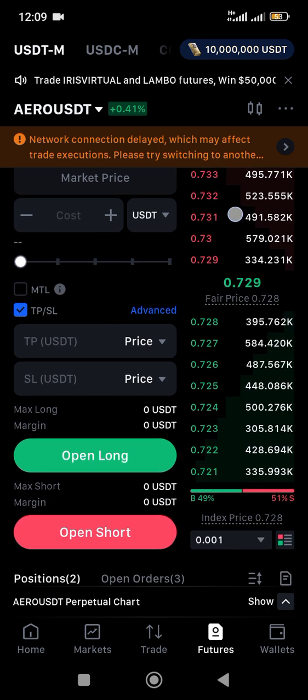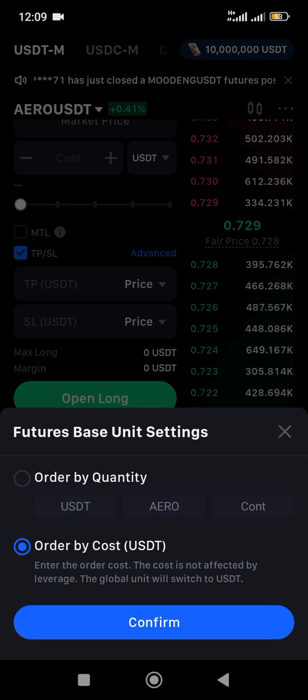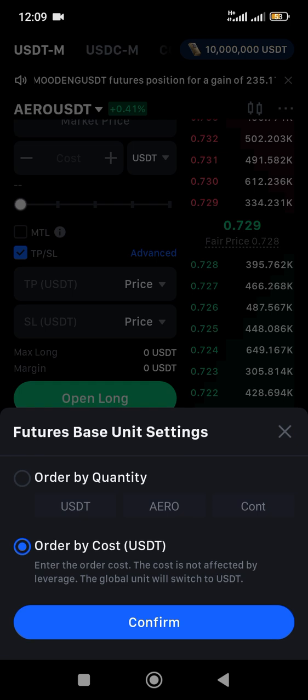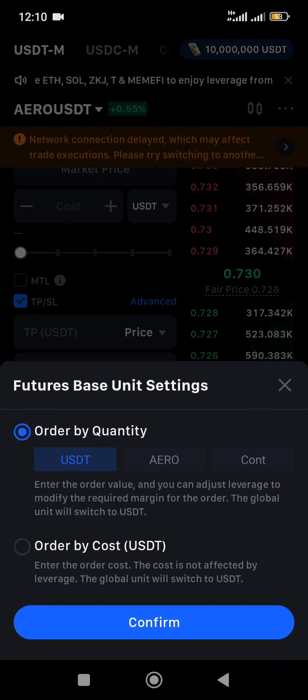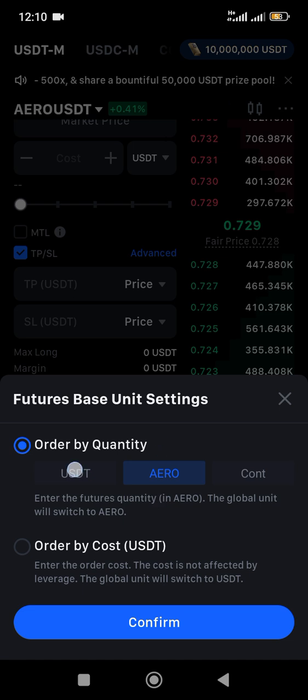If you want to use USDT as your cost, you can just leave it at USDT, or you can change it to order by quantity or order by cost. Order by cost will show you the cost in USDT. Order by quantity will show you quantity in USDT or quantity in the particular asset you are buying.